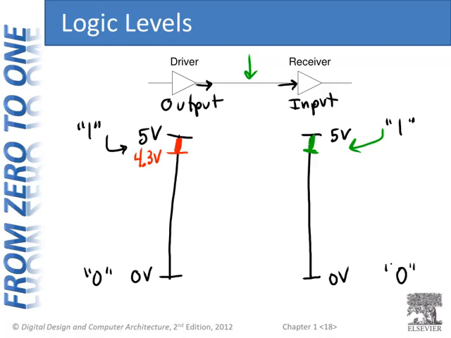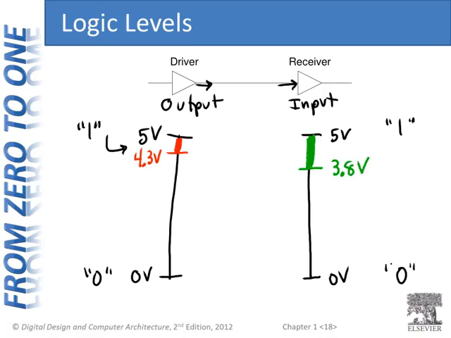That doesn't account for any possible noise between when the driver sends the output and the receiver receives it. So instead of making it exactly 4.3, let's make it a little bit larger region. For example, we could say 3.8 volts.